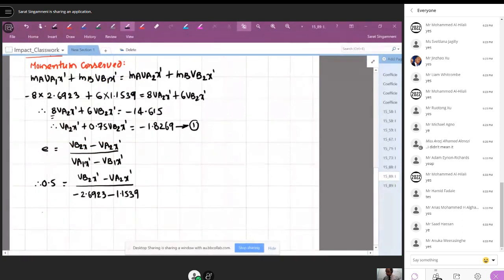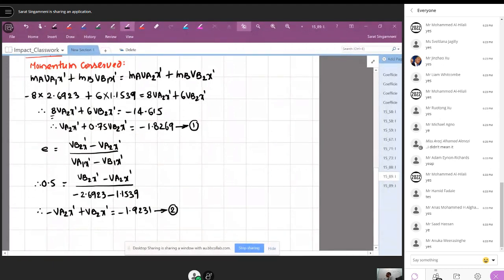Cross multiply and simplify. This will become minus VA2 x dash plus VB2 x dash is equal to minus 1.9231. That is equation 2.